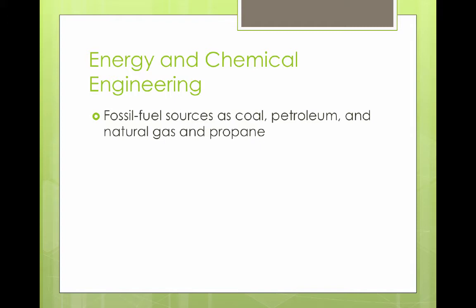The first chemical engineers were developed as crude oil was discovered, and the first problems they worked on was how to take that crude oil and make it into something useful: gasoline, diesel, jet fuel, and other types of products.